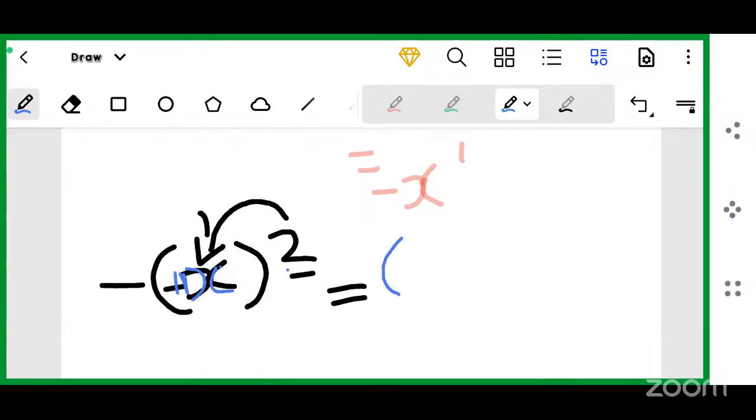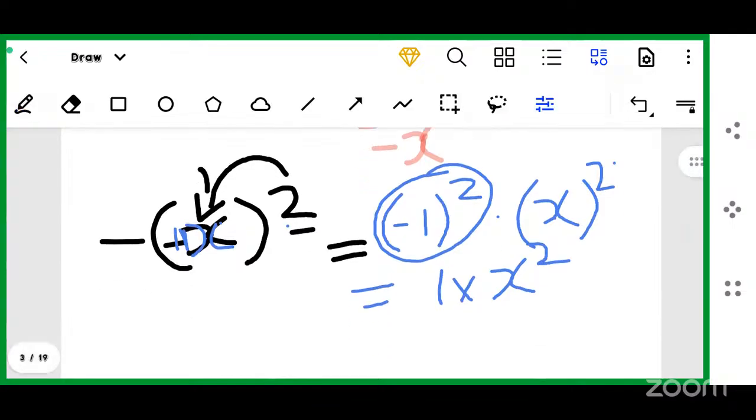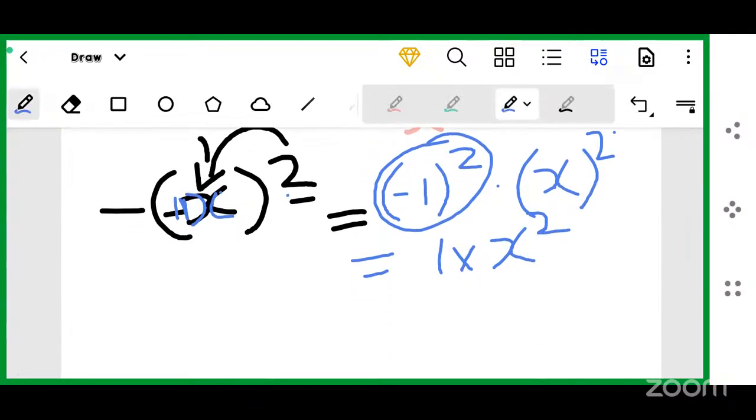So you have negative 1 to the power of 2, multiplied by x to the power of 2. Negative 1 to the power of 2 gives you a positive 1, and 1 times x to the power of 2 is just x to the power of 2. Are we okay there?